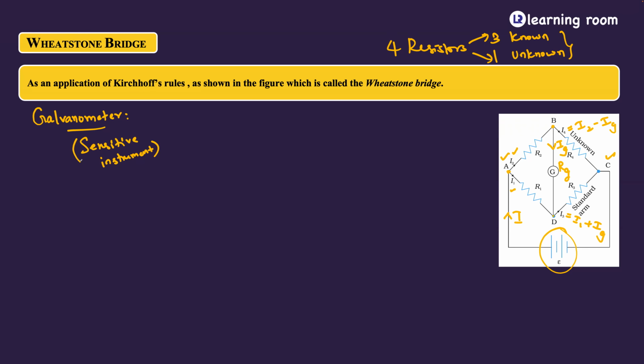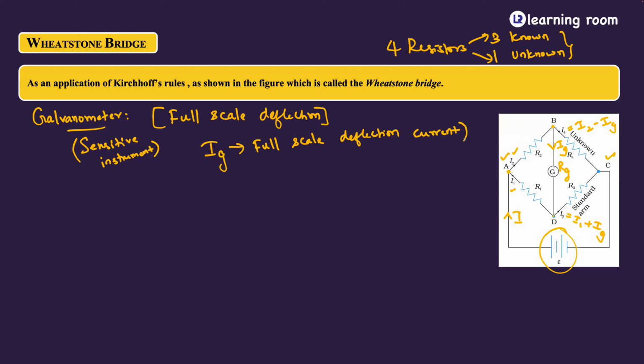Now, if you see, there are 30 divisions on the right hand side and 30 on the left hand side. Suppose I pass the current through it so that the galvanometer is showing a deflection exactly at 30 on the right or 30 on the left, then it is said to be full scale deflection, and IG is said to be the full scale deflection current, right?